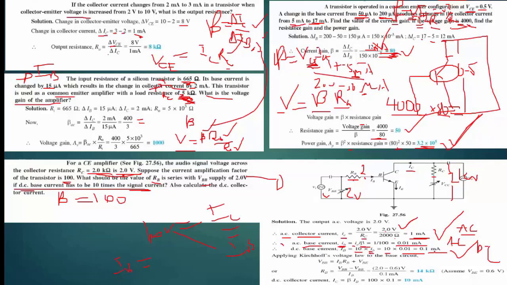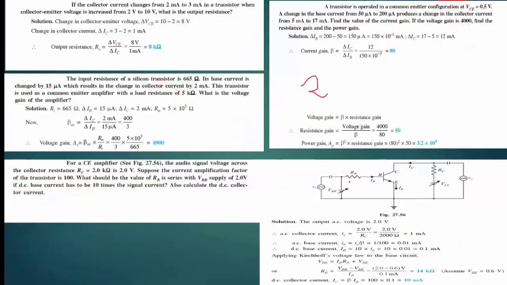So since we have the DC base current, then if we apply Kirchhoff voltage law to the base circuit, tukitumia hii circuit hapa, tunaanza tuna 2 volts from the supply hapo, tumeshasema VBB is 2 volts, tunaanza circuit yetu IB times RB plus tunapita voltage ya base emitter, kwa sababu tunapita kwenye terminal ya base emitter, tunarudi tunamaliza circuit yetu.